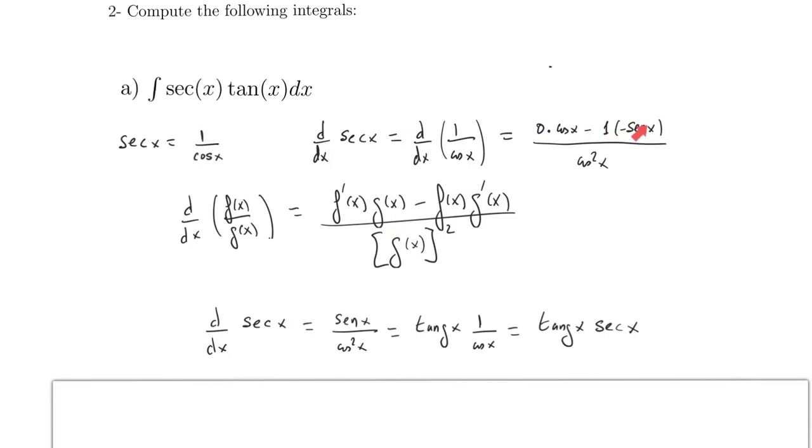So in the numerator will appear 0, minus is plus, it will appear as sine of x, divided by cosine square of x, the denominator square.